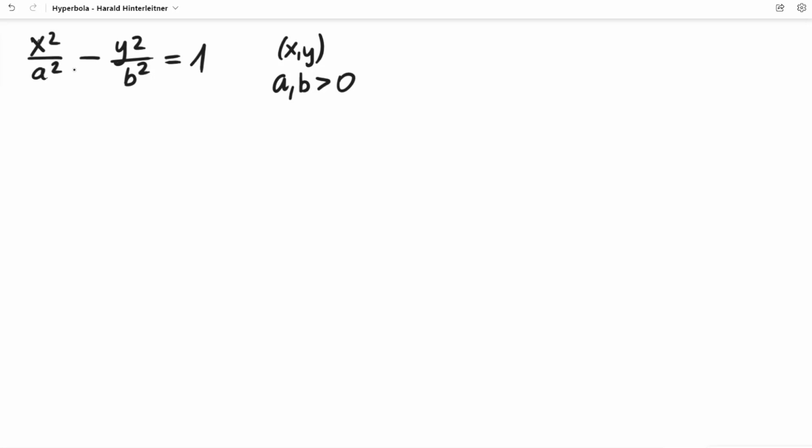So before we sketch the hyperbola, we have to express this equation in terms of y. So we have to calculate y from this equation. For this, we subtract 1 and move the negative part to the right.